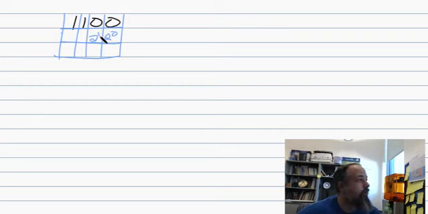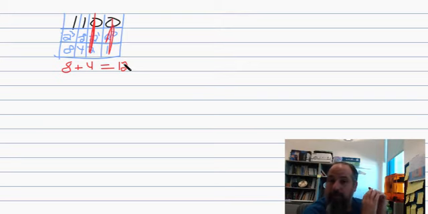Then we put their values, 1, 2, 4, 8. We cross off the zeros. We add up what's left. 8 plus 4 equals 12. So that's converting binary to decimal.